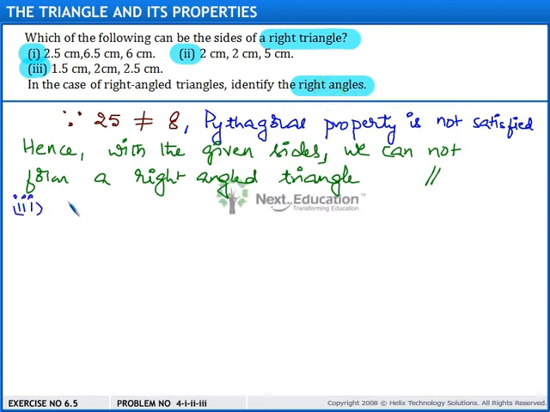We are given the sides 1.5 centimeters, 2 centimeters and 2.5 centimeters.